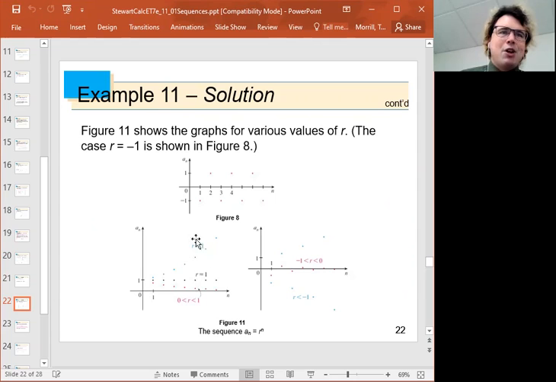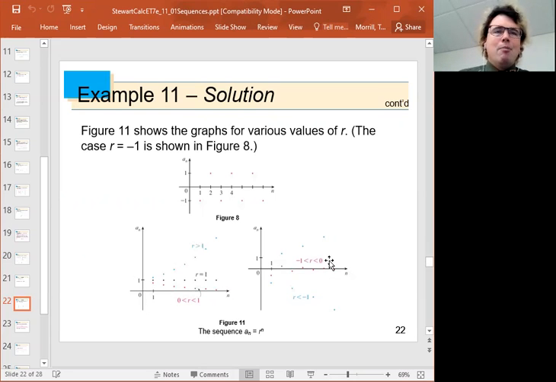In fact, this has all of the positive cases. So in blue here, r greater than 1 will diverge. They'll go to positive infinity. R between 0 and 1 will converge. They will tend towards the x-axis here. They'll go to 0. R equals 1 is my nice constant sequence.